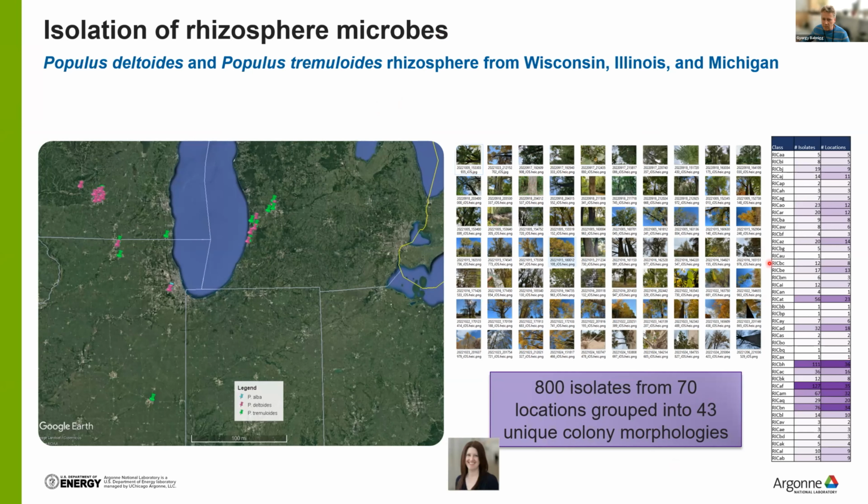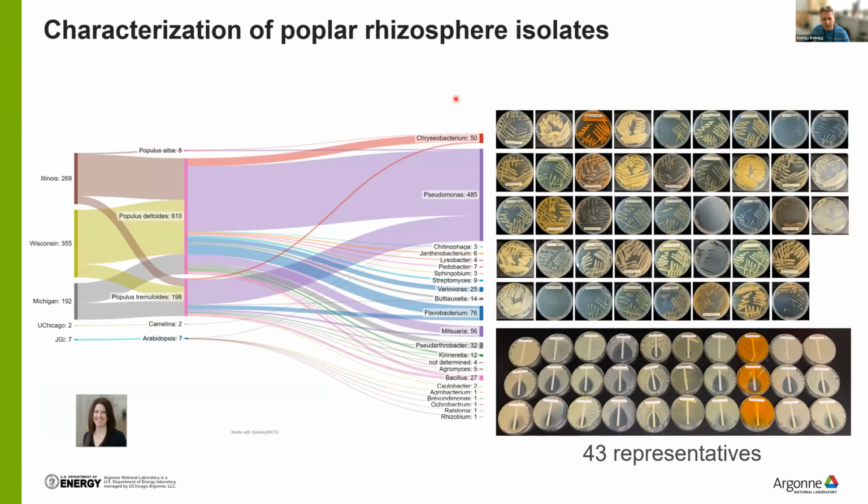Jessica was then able to group these into 43 different unique morphologies. We did 16S sequencing to define some of these classes of microbes, and we also started to characterize them, looking at, for example, antibiotic resistance, etc.